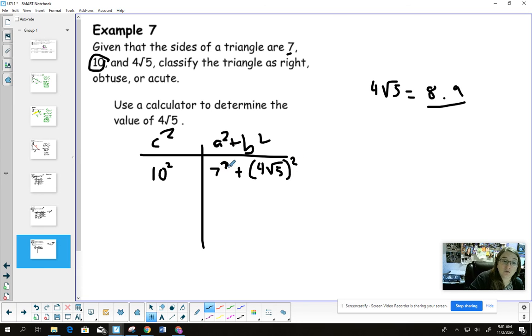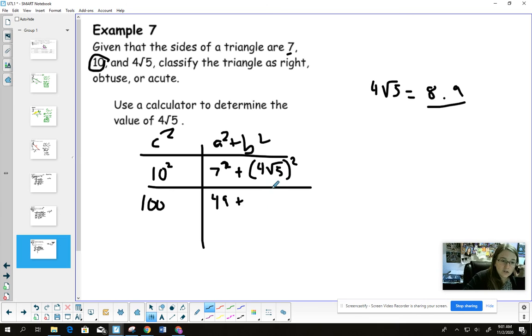So take a moment and use the Desmos calculator if you need to, or if you have a nice calculator, you can type it in like that. Go ahead and simplify this out. Okay, we've got 100 on this side. We got 49 plus, I'm going to type in parentheses, 4 radical 5, close parentheses, squared.